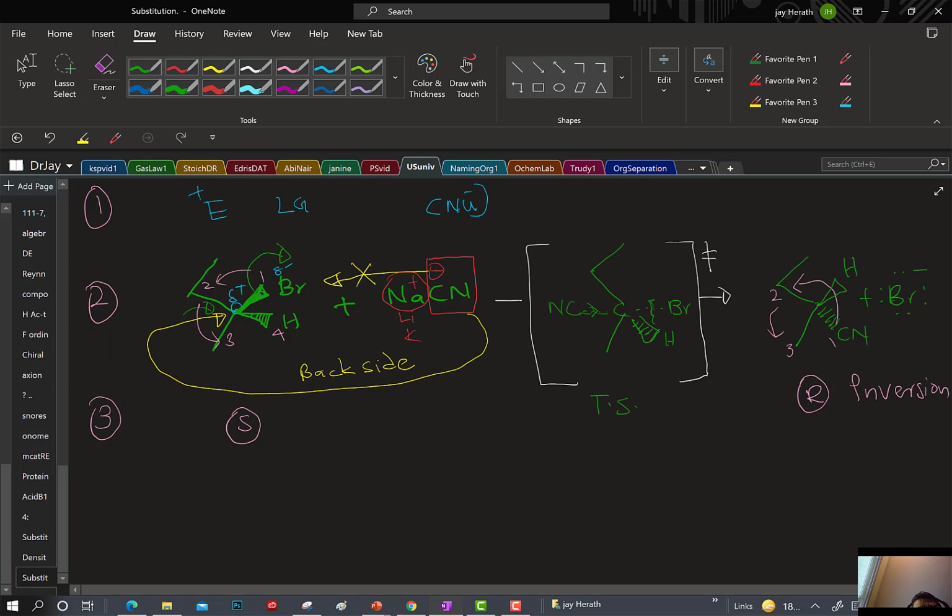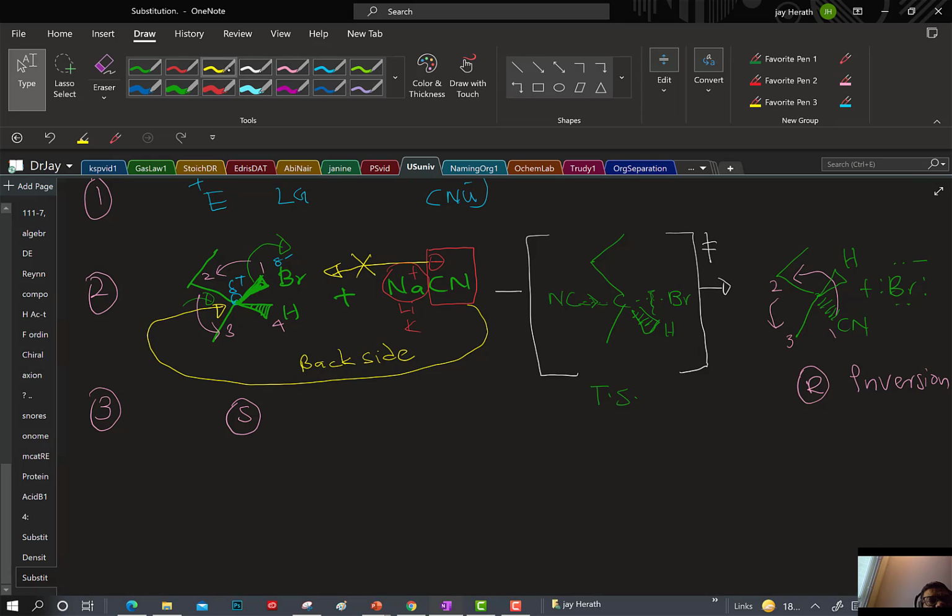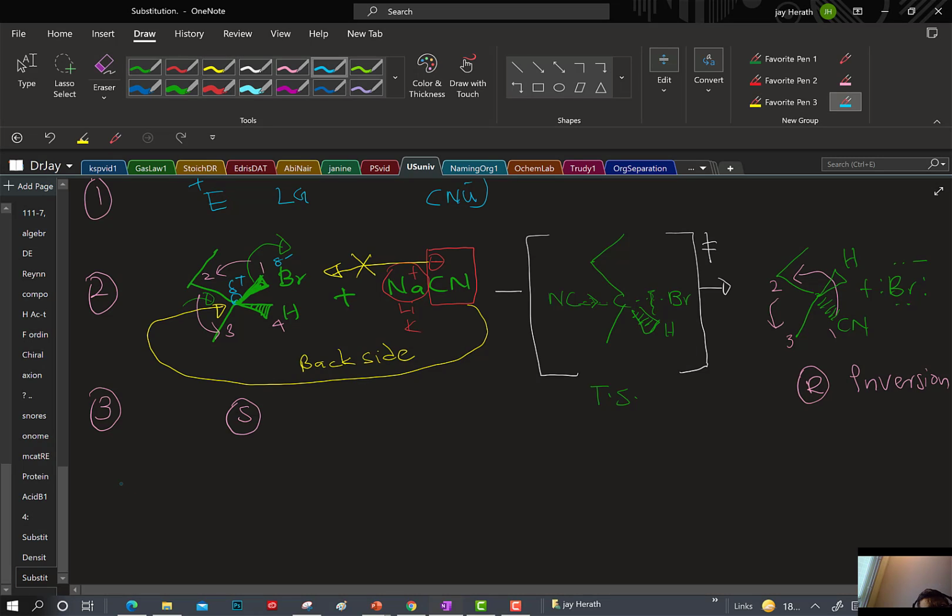So we're going to look at a few other things here quickly. If I want to get more products here, what I need to do is increase the rate, and the rate will be increased in this fashion. So number 4, the rate will be directly proportional to how much of the electrophile and how much of the nucleophile I have. So I can increase those two to get the product.